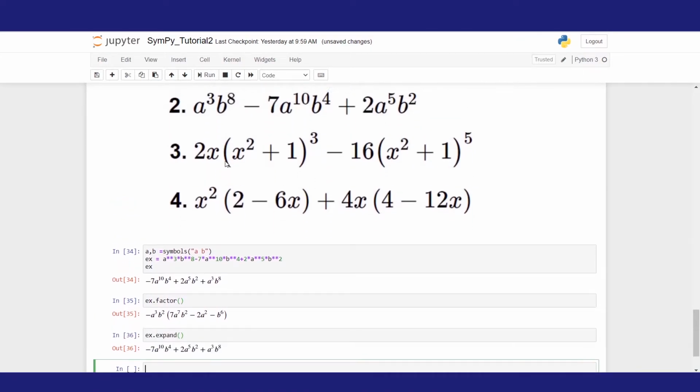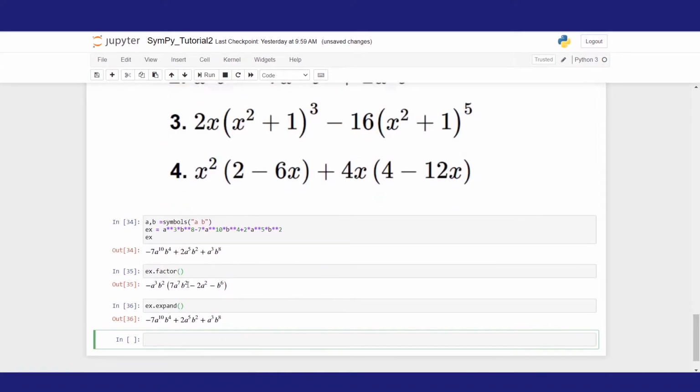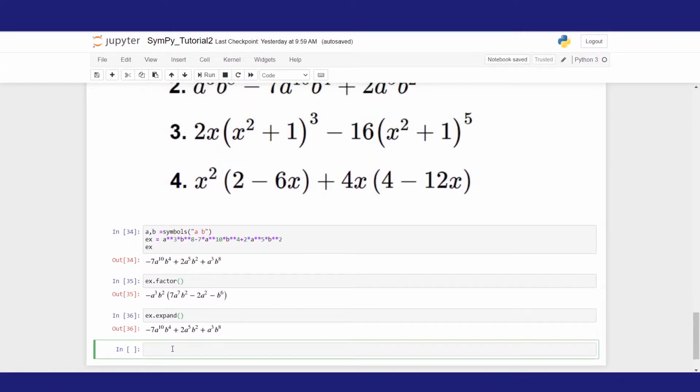But if I were to work out question 3, which I can call expression 2, which is just 2 times x, times the brackets where inside we have x squared plus 1, and everything is raised to power 3.